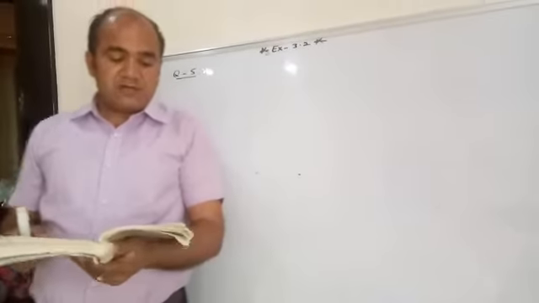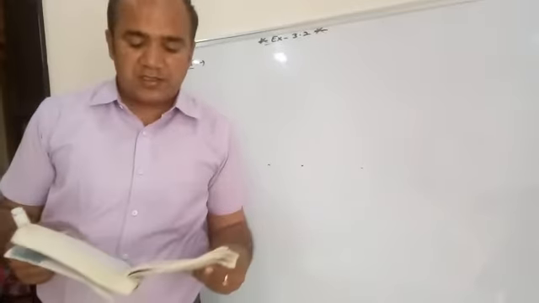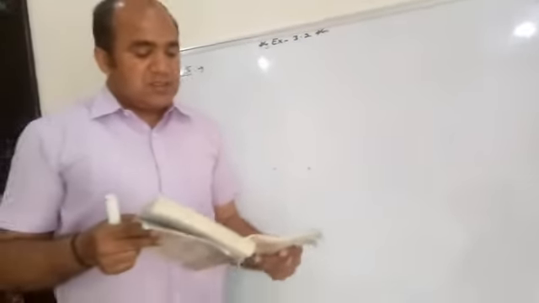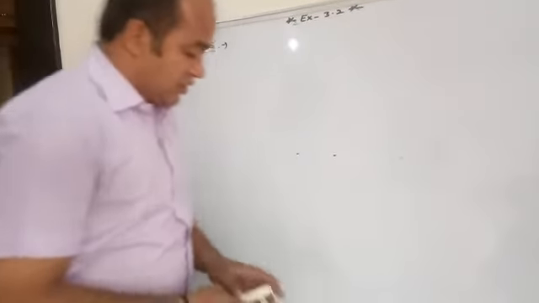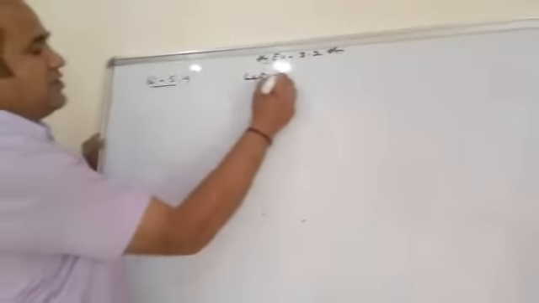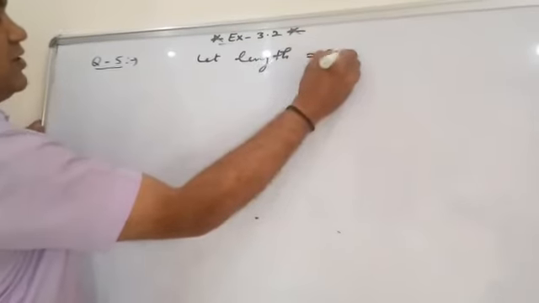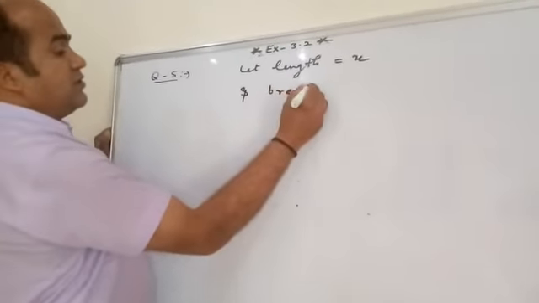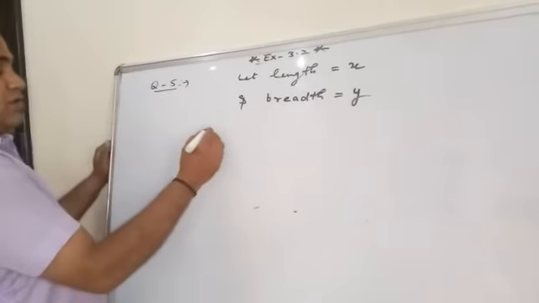After this, question number 5: half the perimeter of a rectangular garden, whose length is 4 meter more than its width, is 36 meter. Find the dimensions of the garden. So, the concept of rectangle: let the length of the given rectangle equal x and the breadth y.